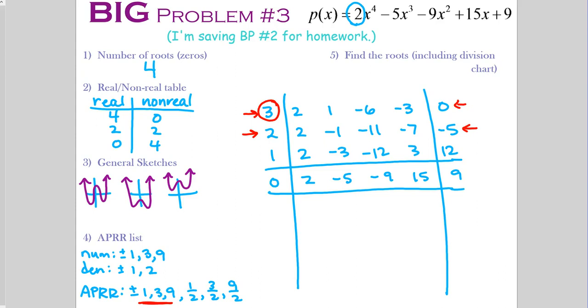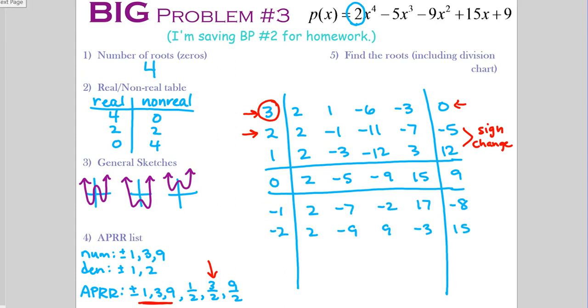But the other even more important reason is that by going in order and not skipping anything, I was lucky enough to see a sign change, and that's an indication that there's going to be a root between 1 and 2. And you know what? That could be 3/2. I don't know yet, but it could be 3/2. That's in the APRR list. So at this point, what I'm going to do is try a few more rows.